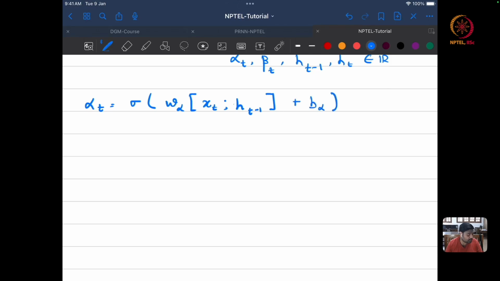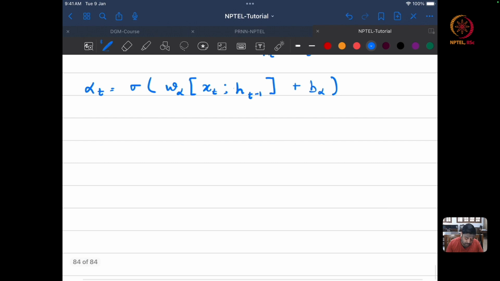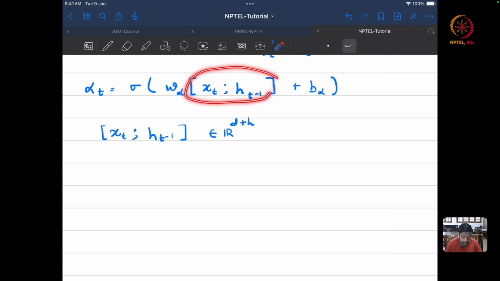Now this is a bit weird. What do you mean by this? This actually means x_t concatenated with h_(t-1), which belongs to R^(d plus h).